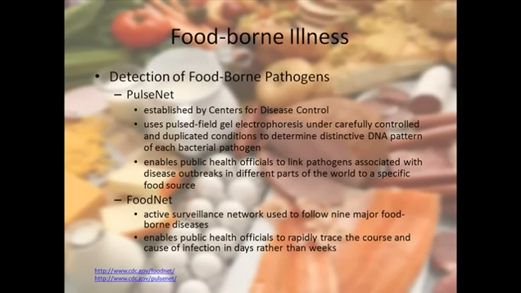And foodborne illness is actually tightly controlled by two organizations. One is PulseNet, one is FoodNet. PulseNet, what is it actually doing? It was established by the CDC, the Centers for Disease Control, and it uses gel electrophoresis in a carefully controlled manner to detect the DNA pattern of each biological pathogen.